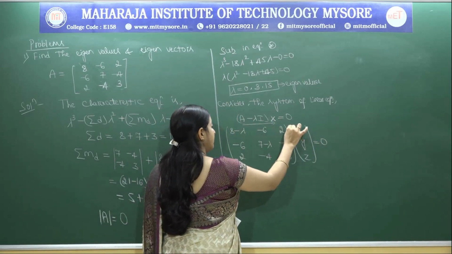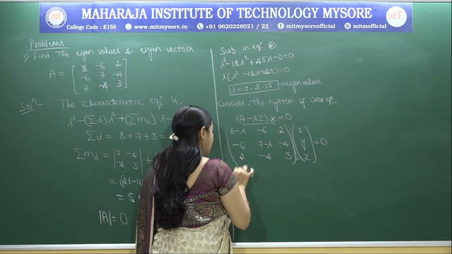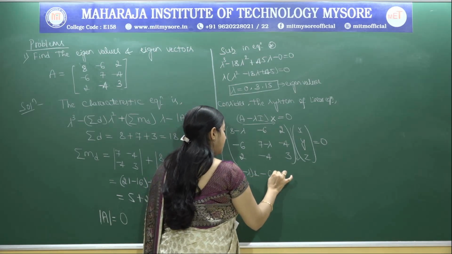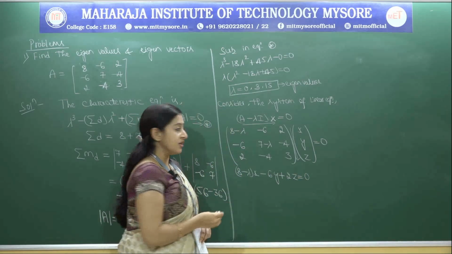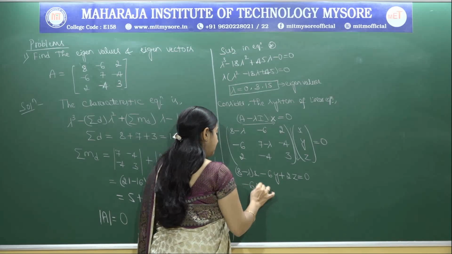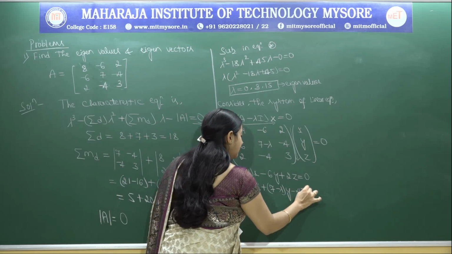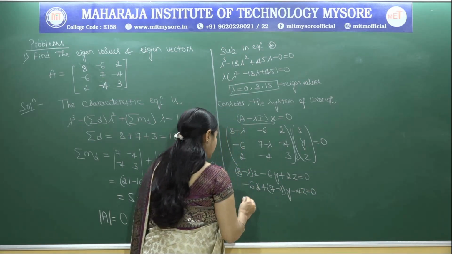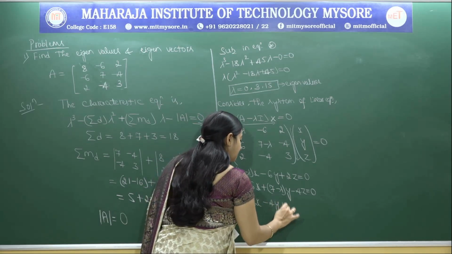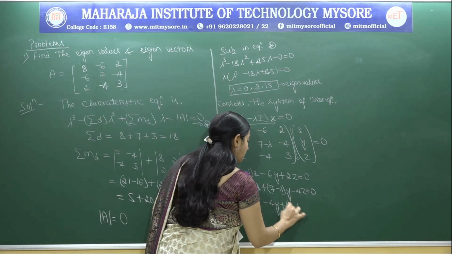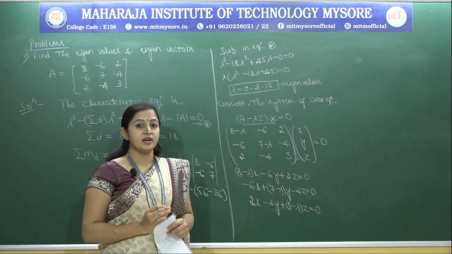Then take this matrix multiplication, row into column. The first one you will get (8 minus lambda)x minus 6y plus 2z equals 0. This is the first equation. Second one: minus 6x plus (7 minus lambda)y minus 4z equals 0. The third one is 2x minus 4y plus (3 minus lambda)z equals 0.